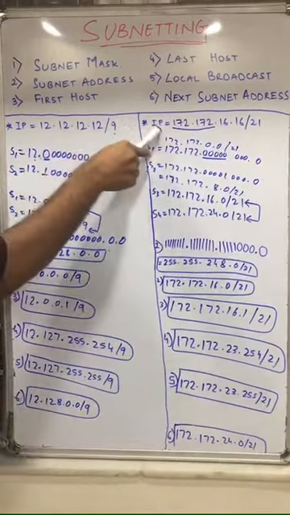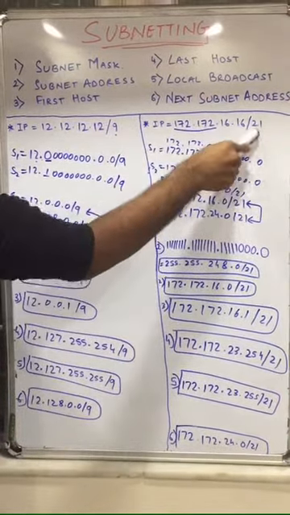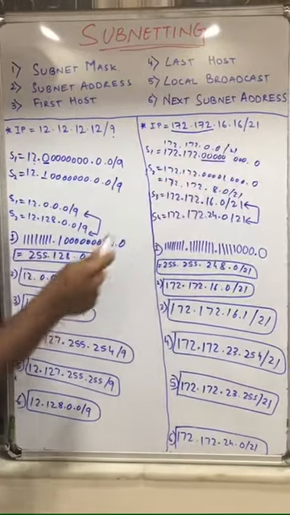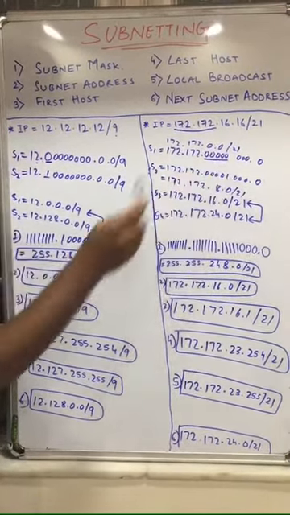Alright, this second sum I have already solved for you. In this it states that 21 bits are set as network bits. So we would be borrowing extra 5 bits here.